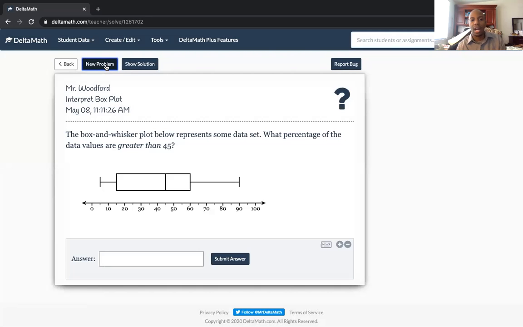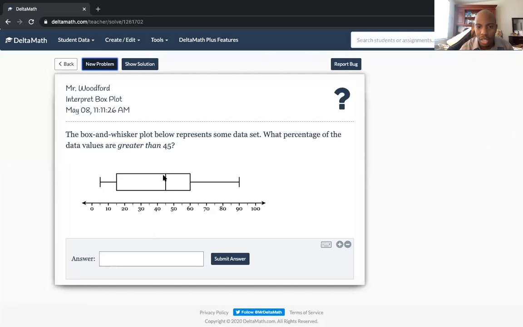What percentage of the data values are greater than 45? So I would first find 45. 45 is right here, and if you notice, that's the median. That's quartile 2.